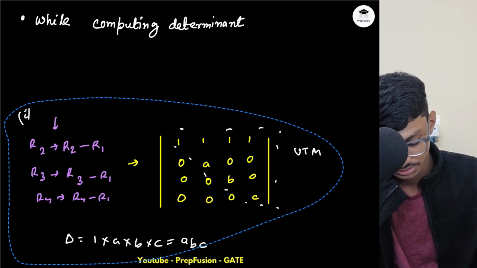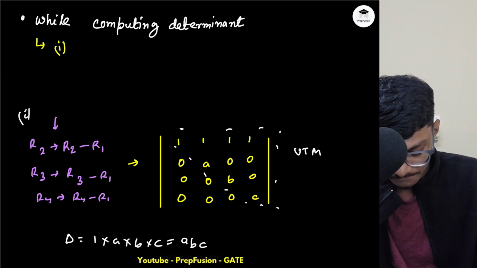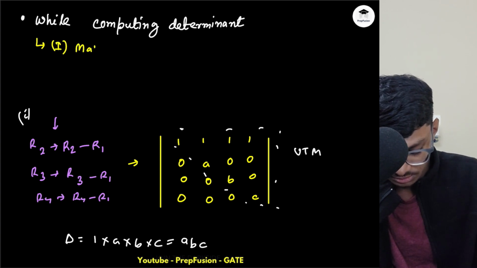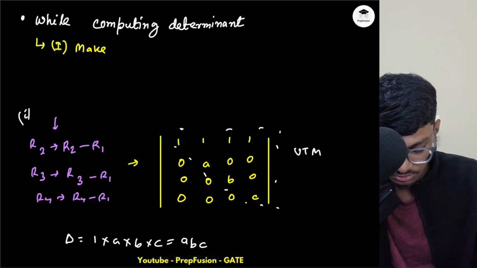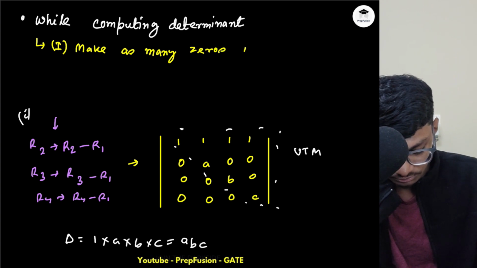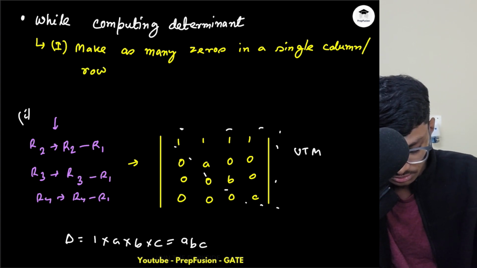Basically your first aim is to make as many zeros as possible. So I should write this like this: make zeros in a single column/row.